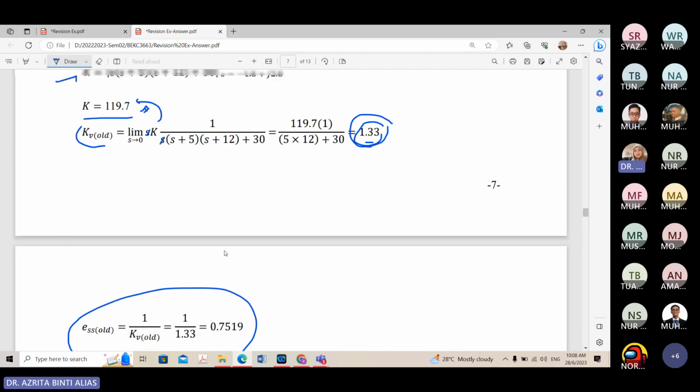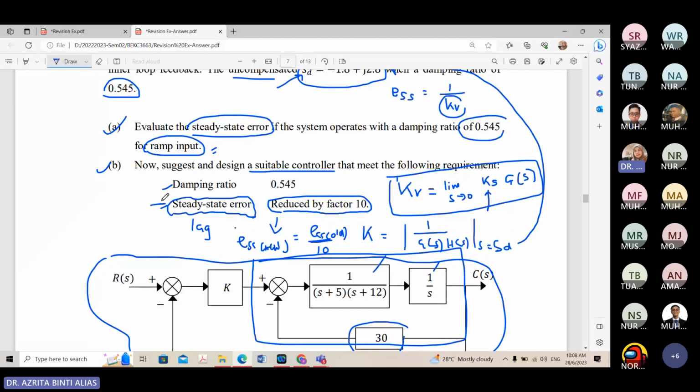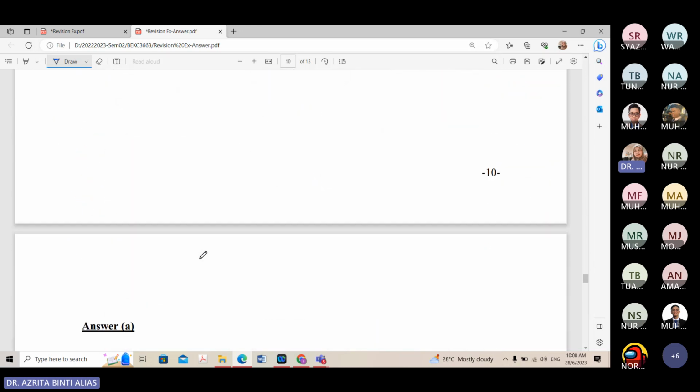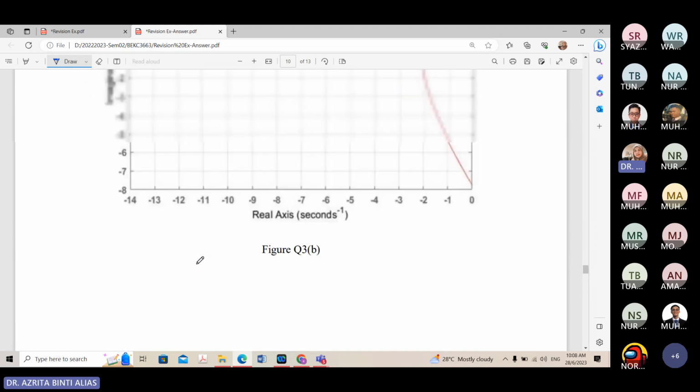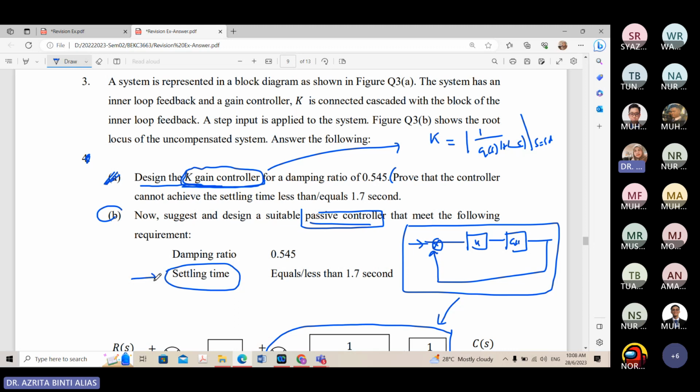So kalau we look at the second question, the requirement is on the steady state error. So that's why we choose the lag compensator. But now the design requirement here is the settling time. Settling time. So we know that settling time, Ts, Tp, and so on.